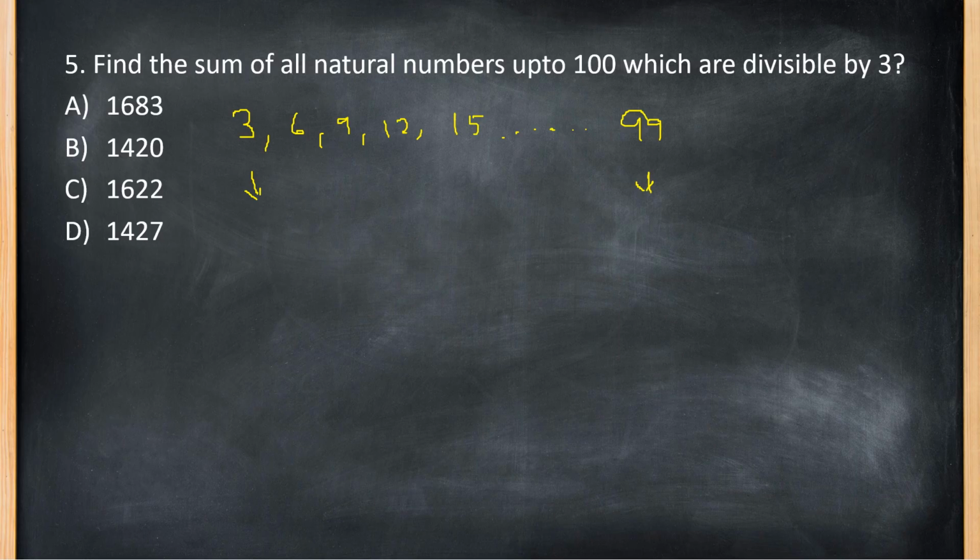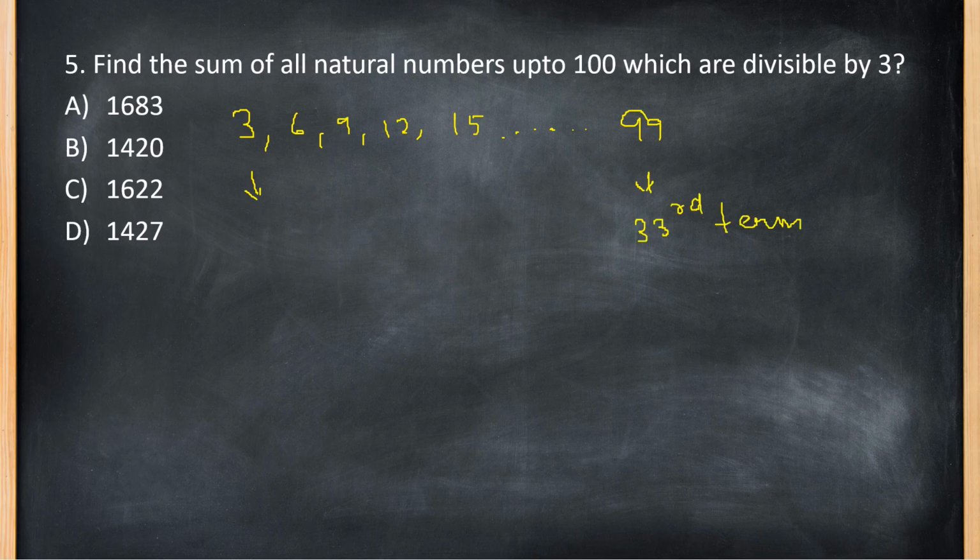I'm supposed to find the sum of all the natural numbers. Sn is what I'm supposed to find. There are two ways of doing this. I can take the value of n. This is my first term, second term, third term, and so on, and this is my 33rd term.